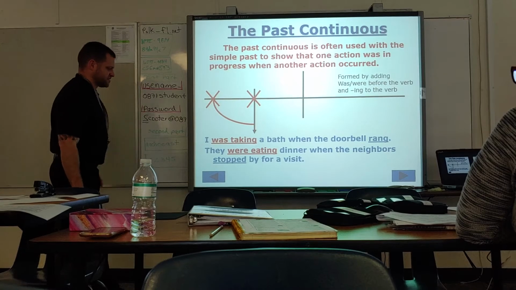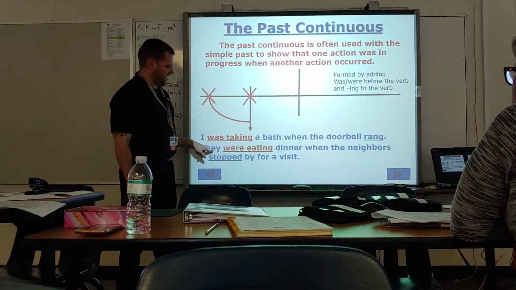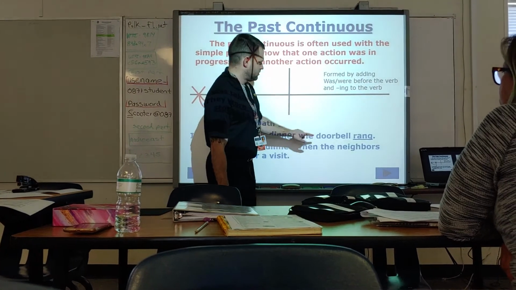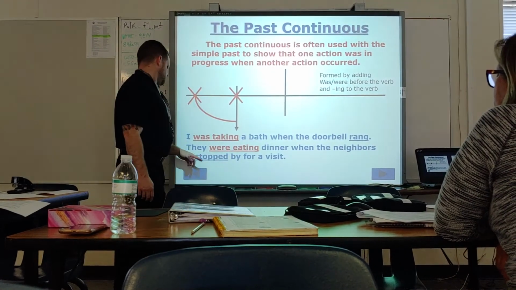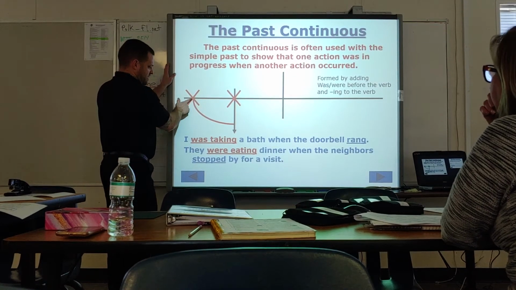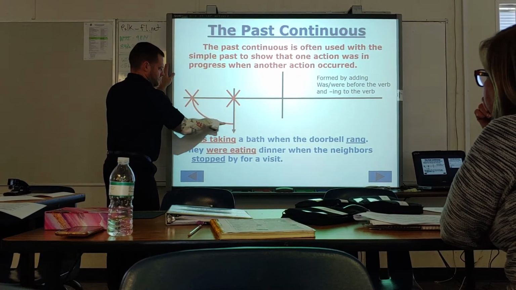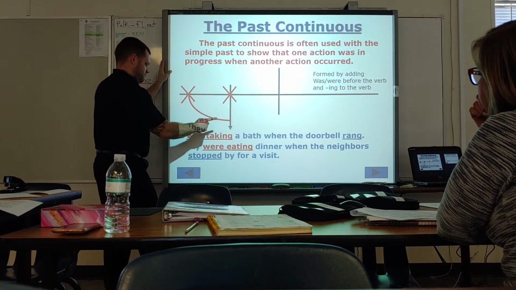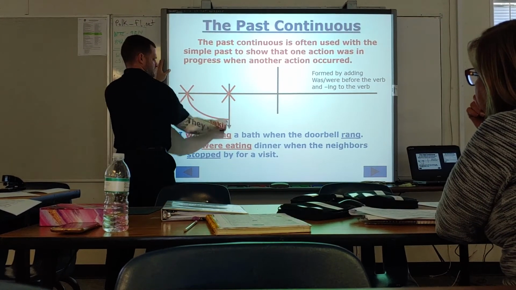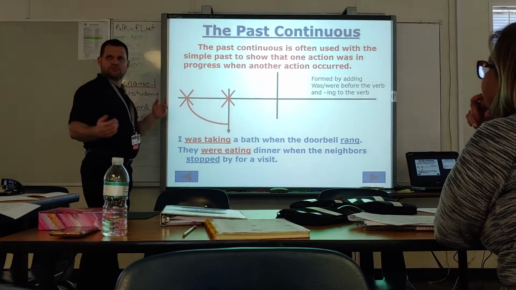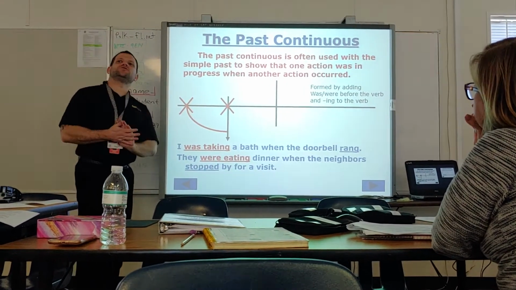And the second one says, they were eating dinner when the neighbors stopped by for a visit. So this is what was happening right here. They were eating, right? But then, what happened right here? Neighbors stopped. Okay? So that's how you use past continuous.